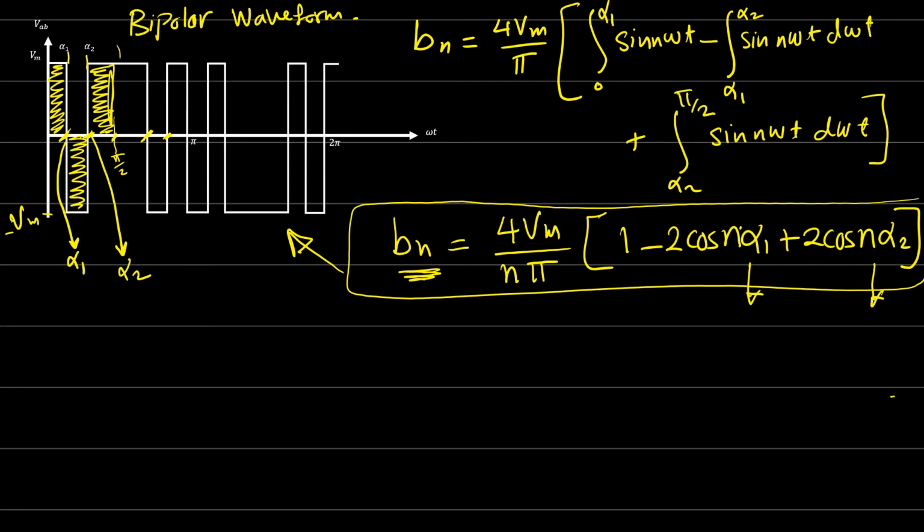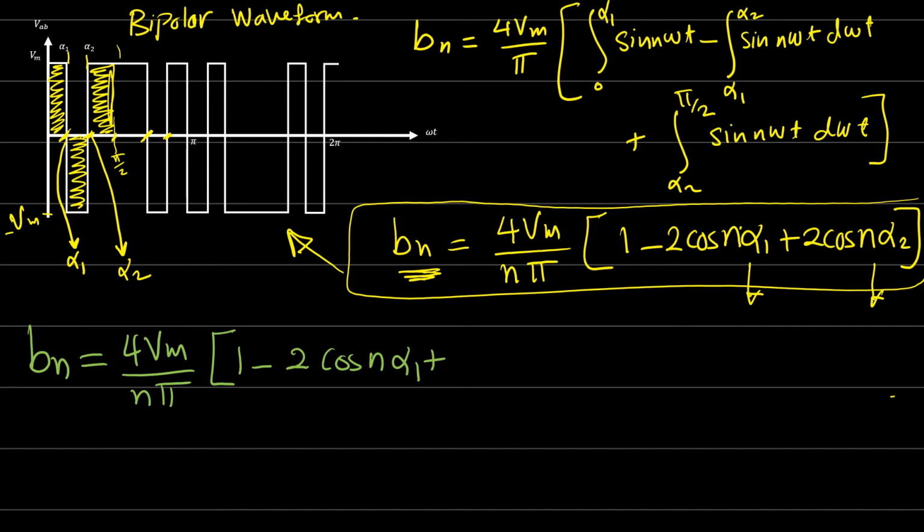Okay, so we can extend this equation. Instead of just using alpha 1, alpha 2, we can say that Bn is equal to 4V maximum over n pi times 1 minus 2 cosine n alpha 1 plus 2 cosine n alpha 2 minus 2 cosine n alpha 3 plus 2 cosine n alpha 4, and so on.